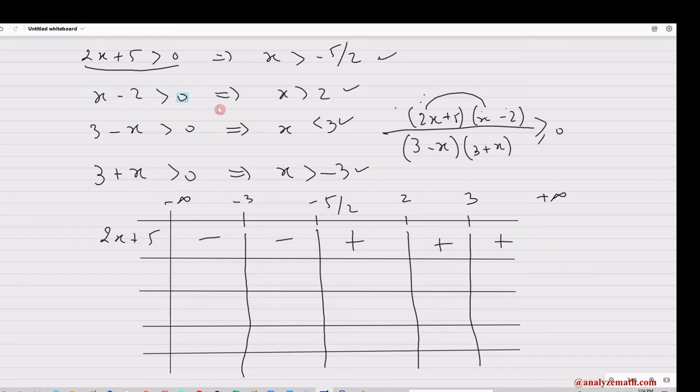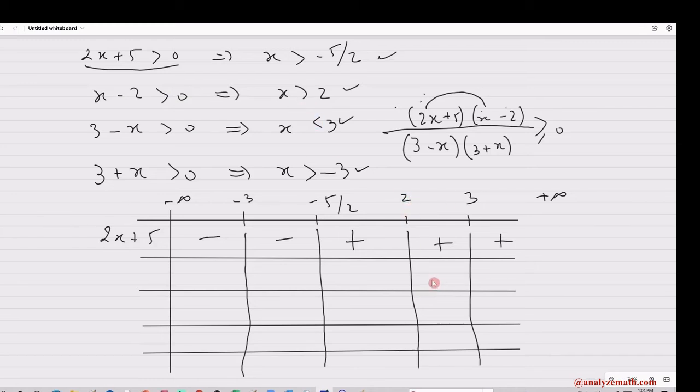X minus 2 is positive when x is bigger than 2. 2 is here, bigger than 2 is here. So x minus 2 will be positive here and here, for all values of x bigger in this direction. Here it will be negative. Now let's not forget to put the zeros. 2x plus 5 is 0 here. X minus 2 is 0 here.